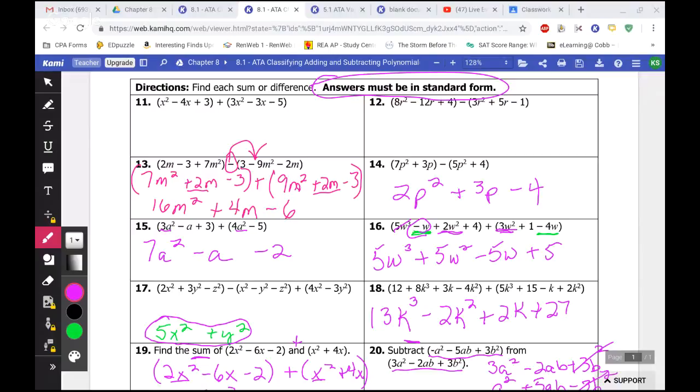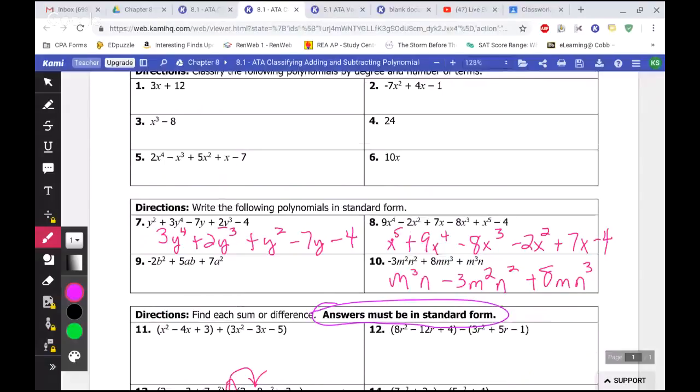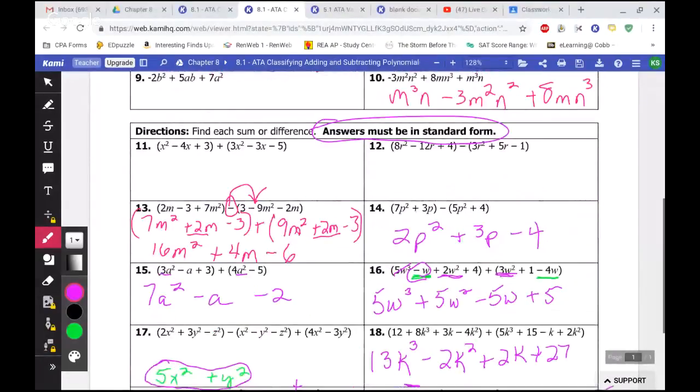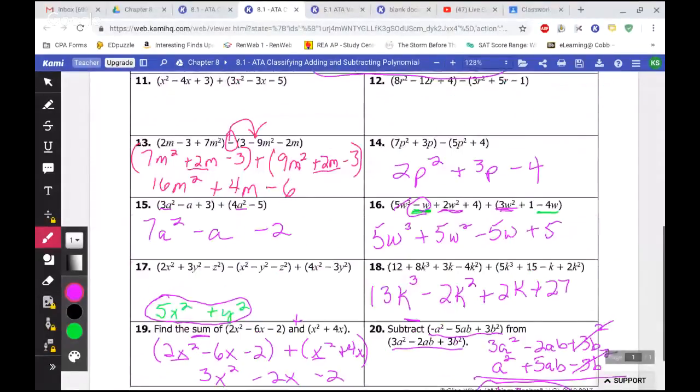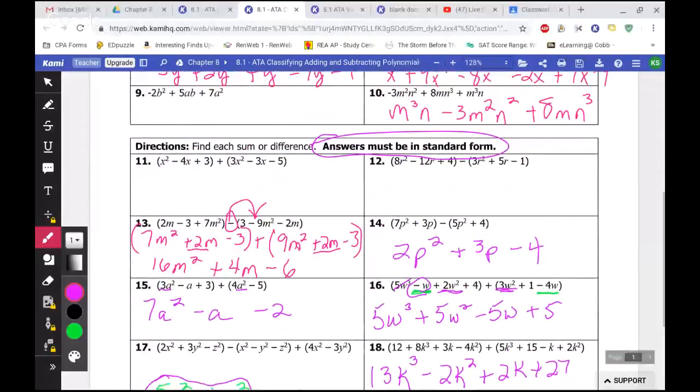But obviously you can see I did numbers 25 and 26 from yesterday's classwork, and I pretty much did 13 through 20, almost all of them, from today's work. Just a few that you're left to do on your own. If you have any other questions, you can email me, but I will post the recorded math lab to Google Classroom later.